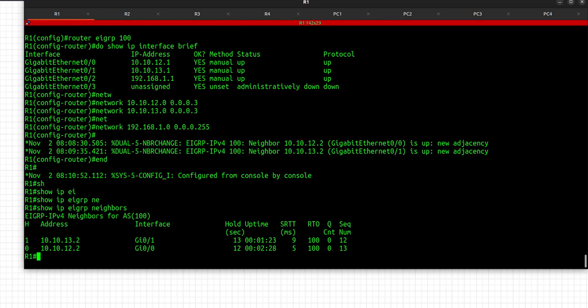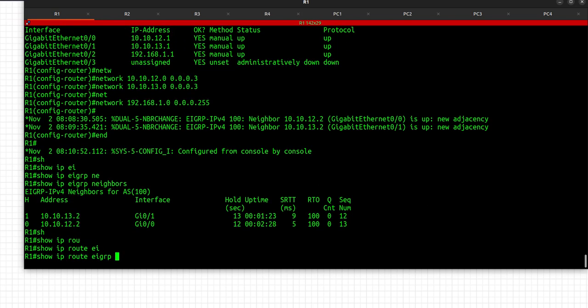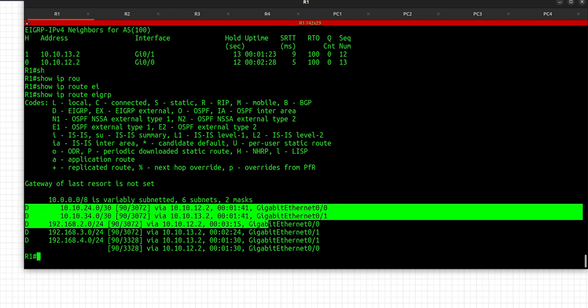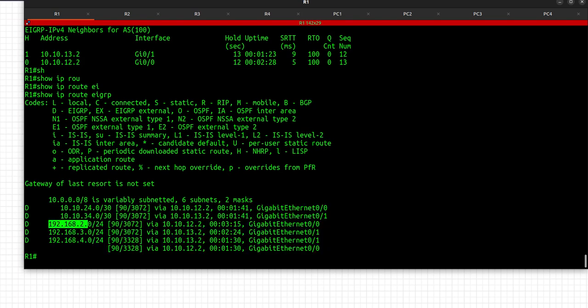Okay, now let's check the routing table. Show ip route eigrp, and indeed now router 1 has an idea how to reach the other subnets. It knows how to go to subnet 2.0, and how to go to subnets 3.0 and 4.0.